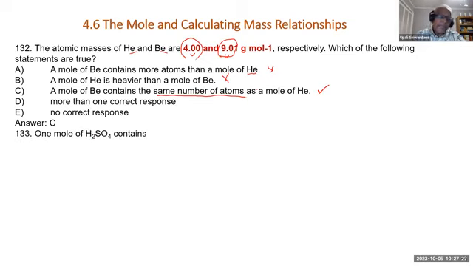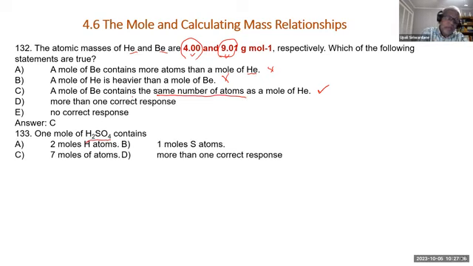Let's look at 1 mole of sulfuric acid. It gives choices. You have to check whether these are true or false. 2 moles of hydrogen atoms. That's correct. There are 2 hydrogen atoms, therefore 2 moles in 1 mole of sulfuric acid. 1 mole of the substance, there's 1 here.